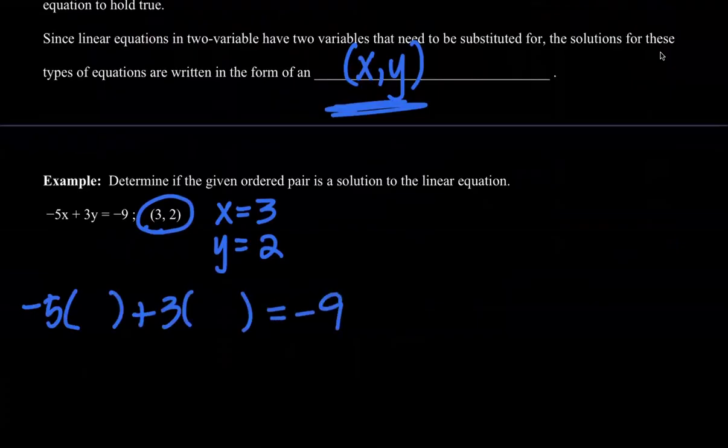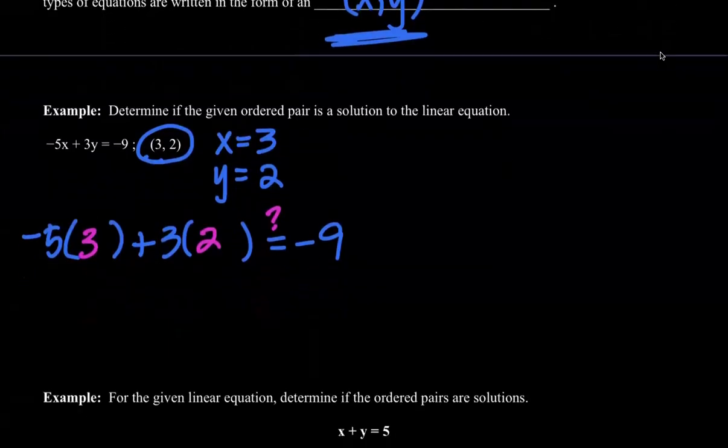And remember that when you make that substitution, it's best to wrap it in parentheses. So -5 times x, which is 3, plus 3 times y, which is 2, equals 9. And I'm just going to put that question mark there.